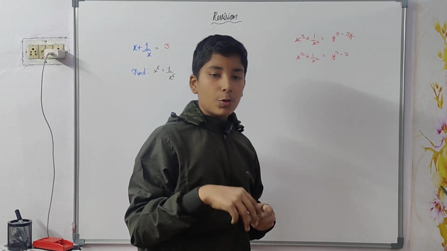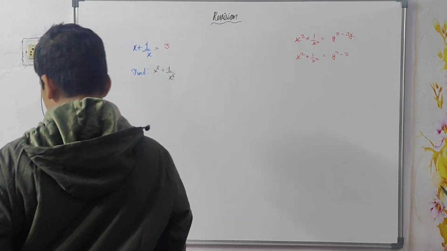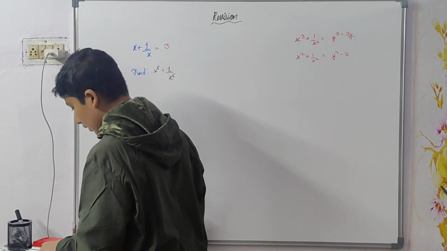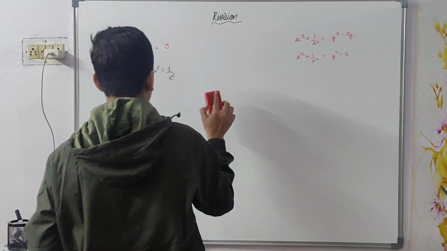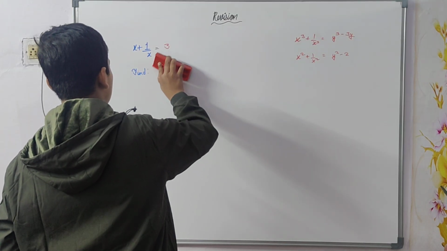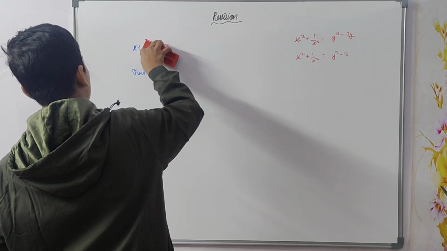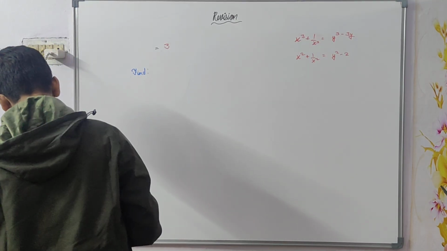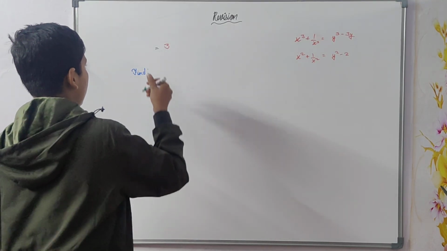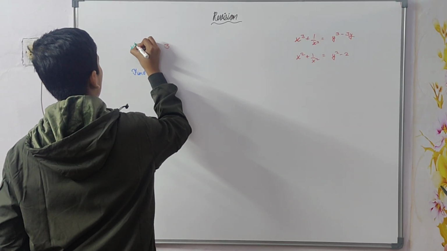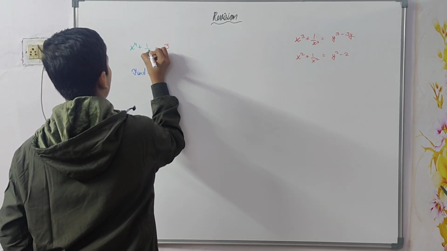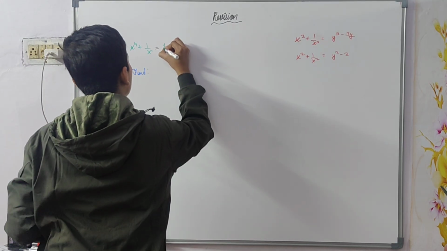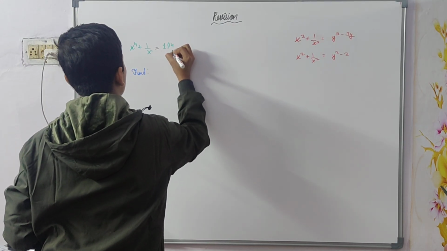Now let's come to our next question, which is a little bit confusing. I'll tell you how. x^4 plus 1 by x^4 equals 194.